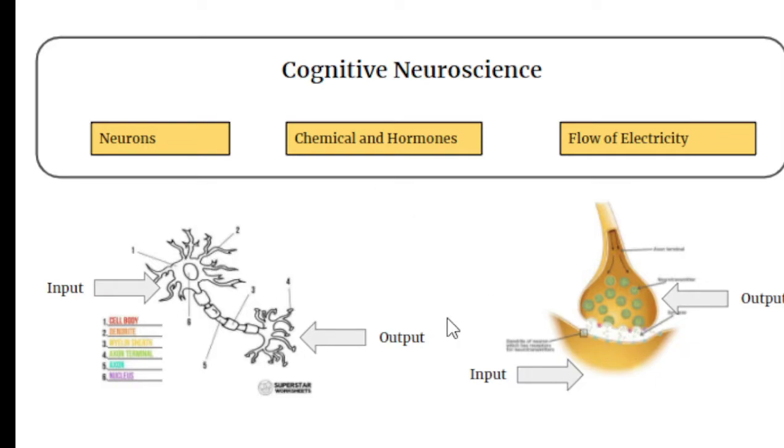So the chemicals are received by this part of the neuron, and those are then converted to electricity, and electricity is then passed through this cell and reaches the output part over here, and then over here it is again converted to chemical, and it is transmitted to the next neuron. So basically flow of electricity happens inside the neuron cells, and chemical is the way of transmission of data or of messages from one neuron to another.